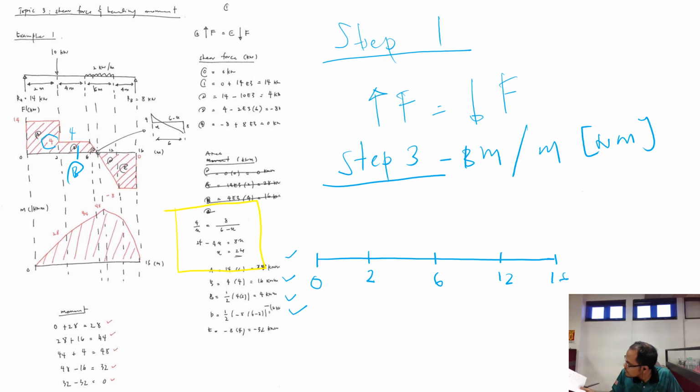Yeah, you managed to get negative 16 kilonewton meter. And then E is the same way. The height is negative 8 and the length is 4, so you get negative 32 kilonewton meter here.